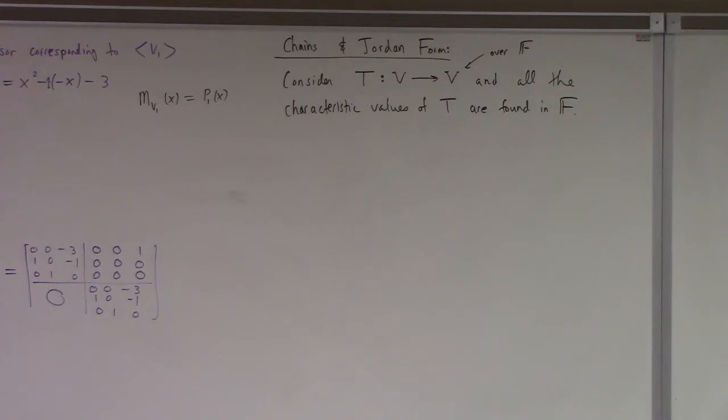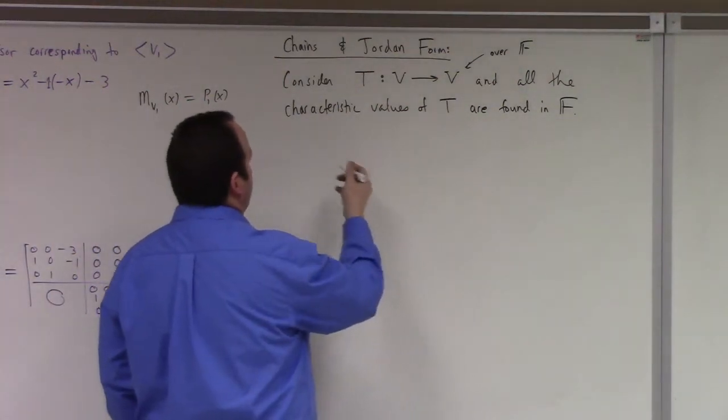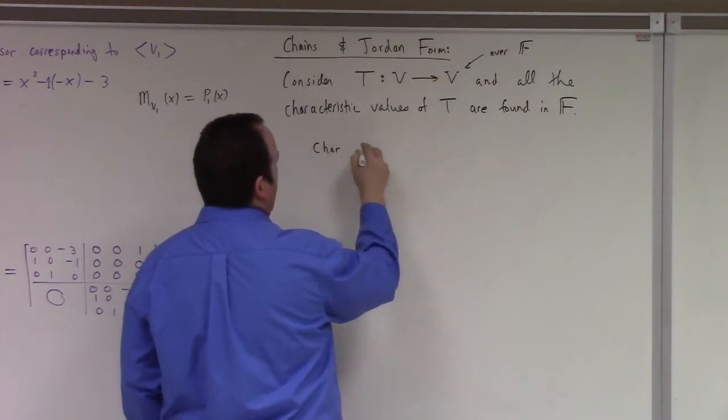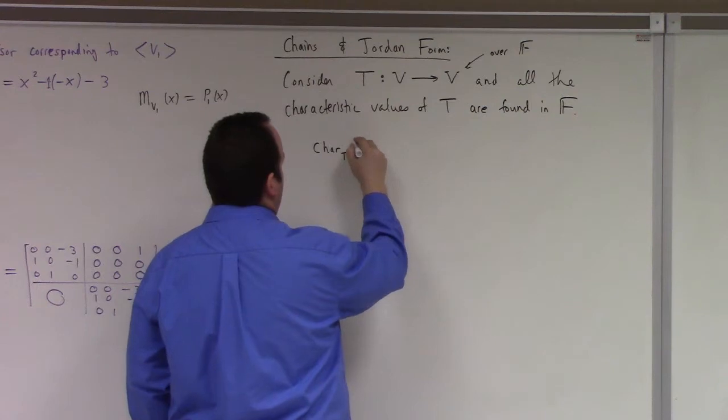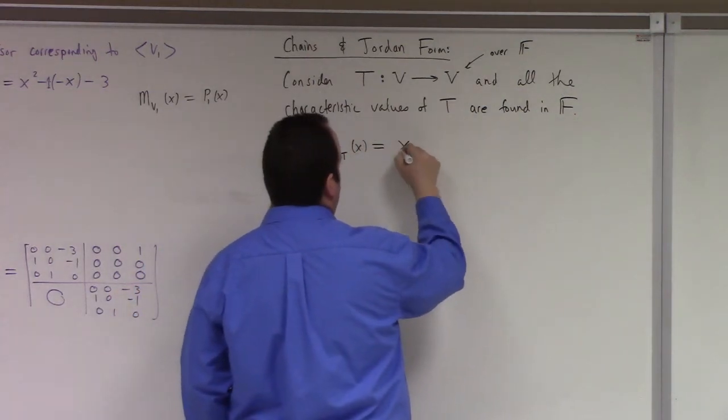But if you're working with something like the reals, it may or may not be true, right? You can have a linear transformation which does or doesn't have all of its eigenvalues in the reals. But if it does, there's this wonderful theorem. So first of all, the characteristic polynomial of T, in x, is going to look something like x.